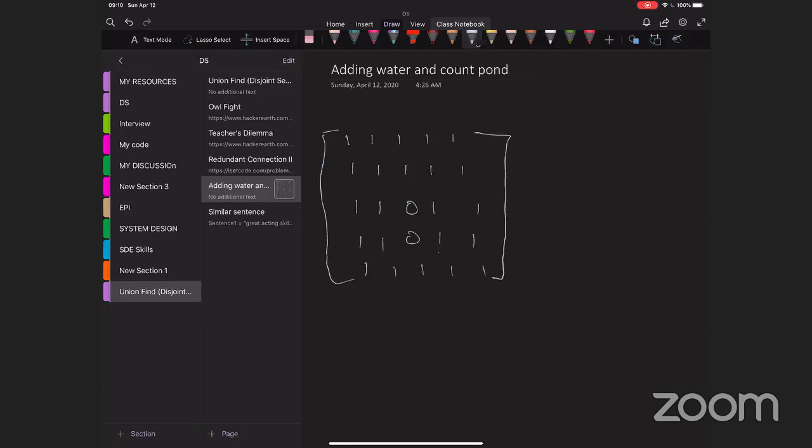We are given ones and zeros, where 0 is water and 1 is, let's say, land. So we have to count the number of ponds in this.